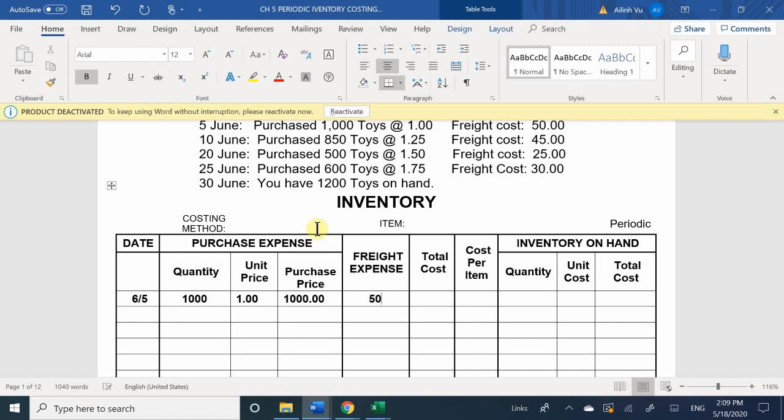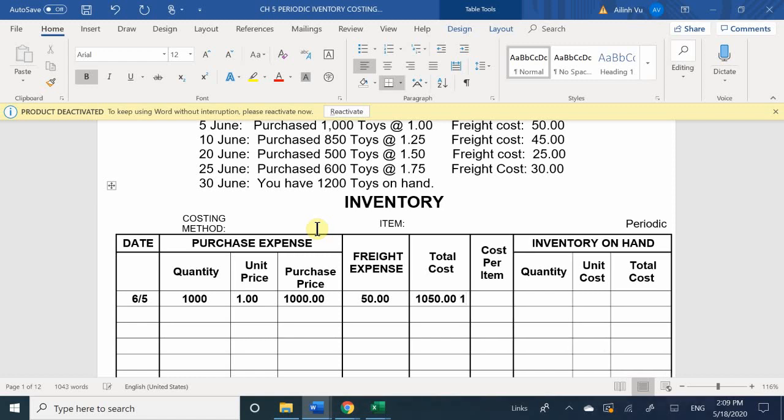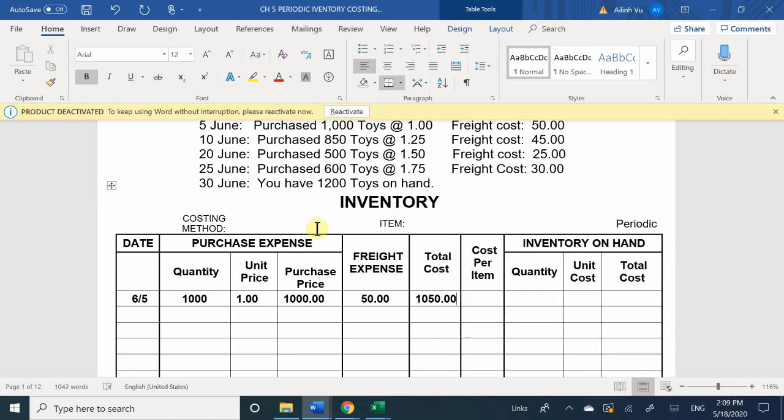How much was our freight? 50. So my total cost is going to be 1,050. No, 1,050. Yes. Okay. So what's my total cost per item? $1.05.